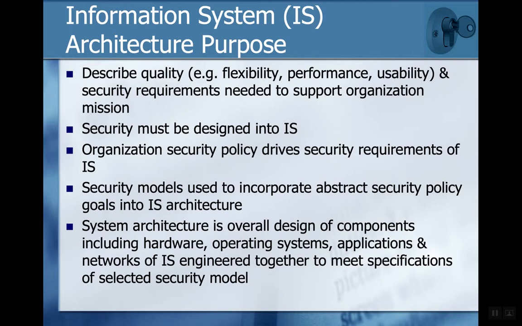So the IS architecture purpose: what we're looking for is the different qualities. We'll be defining a set of qualities, and then requirements. In this case, we're talking about security requirements that are needed to support an organization in achieving its mission.